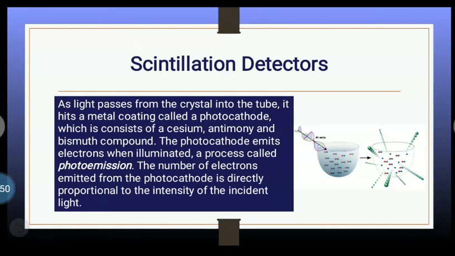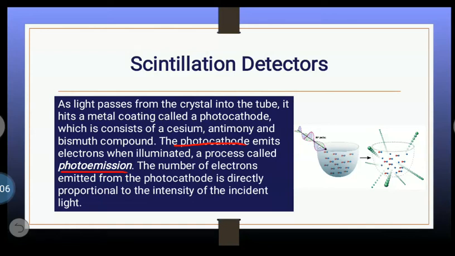The photocathodes emit electrons when illuminated. This process is called photoemission. The number of electrons emitted from the photocathode is directly proportional to the intensity of the incident light.